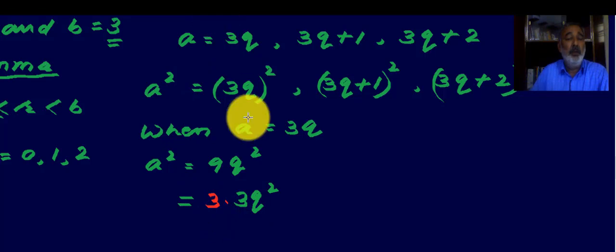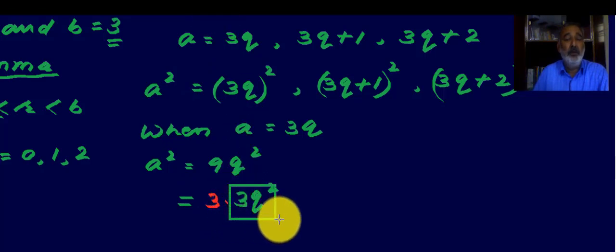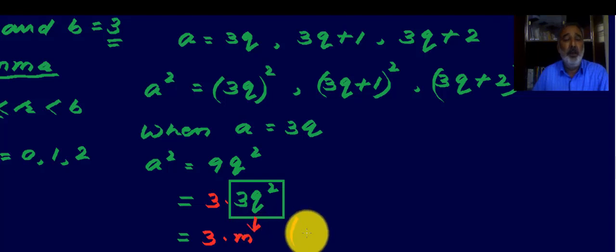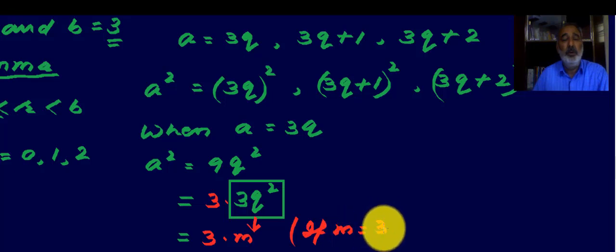If I take this as a separate number, this is some integer. I can write this form once again as 3 into m, where m is equal to 3q square.